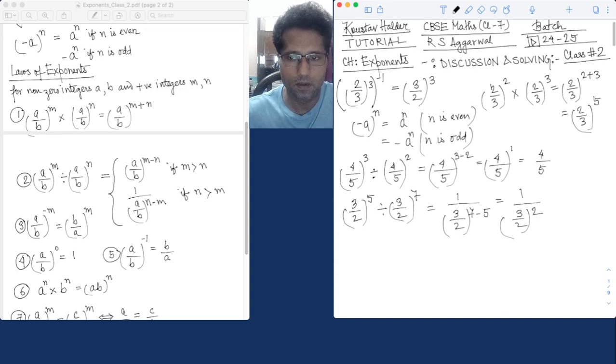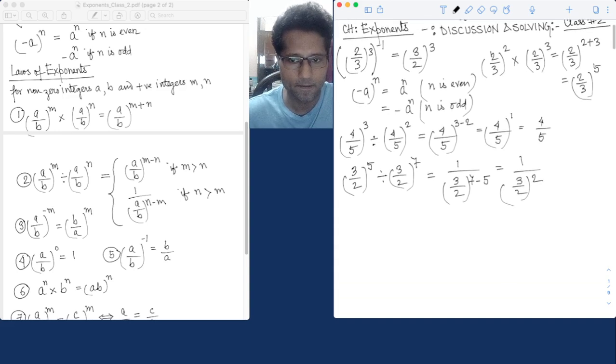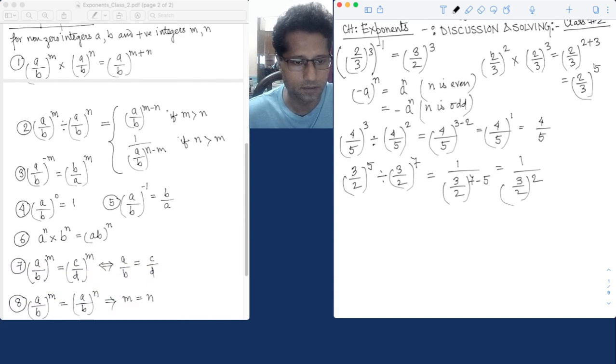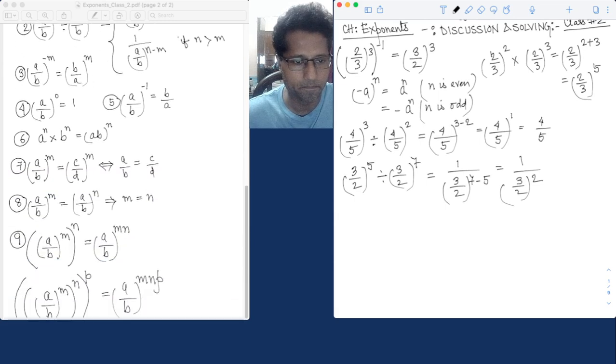Now law 3. Before law 3, let me discuss law 9. Law 9 is important. That is, when a rational number in exponent form is again raised to a power. We have a rational number, let's say a by b.